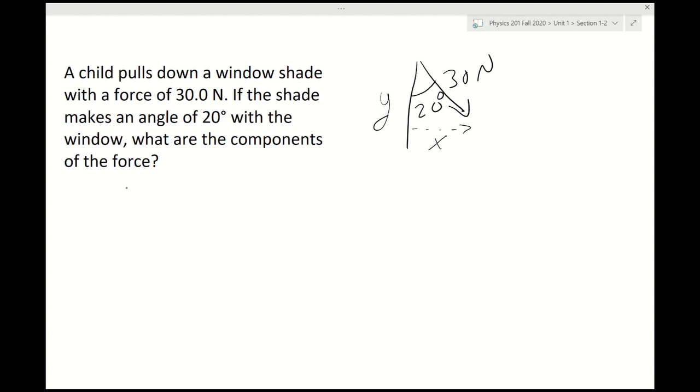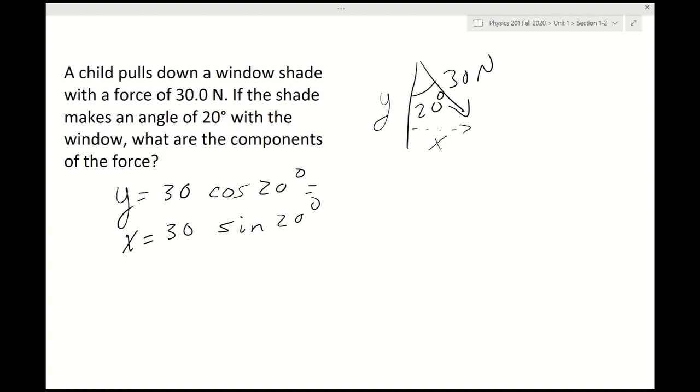From right triangle trig, y is going to be equal to 30 sine of 20 degrees and x is going to be equal to 30 cosine of 20 degrees. That's a cos, not a cus.